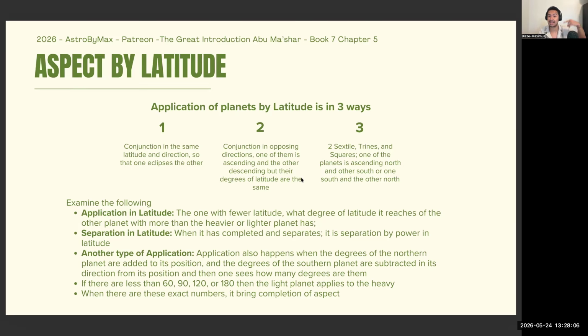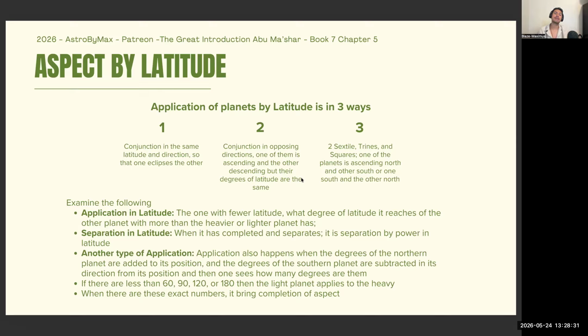One of the planets ascends north and the other one south, or the other one north. So it's important that we're given three different types of conditions here of applications by latitude: planets conjunct in the same direction, planets conjunct in opposing directions, or planets who are sextile, trine, or square with opposing latitudes, north or south, south or north.